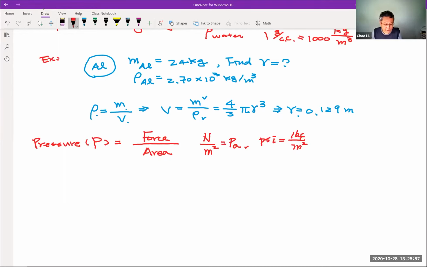In addition to that, we also have the unit for pressure in terms of mercury. This is used the most when we measure blood pressure. When we measure the blood pressure, we get a number. That number is how many millimeters of mercury.